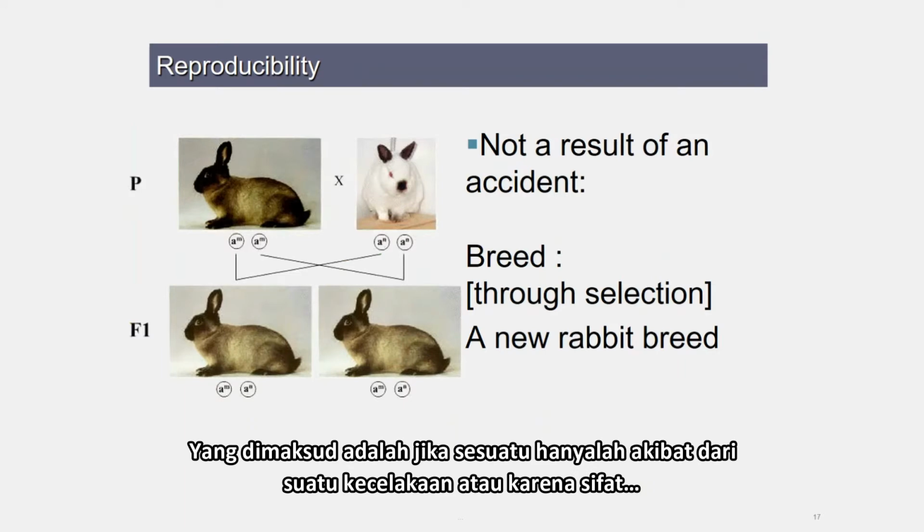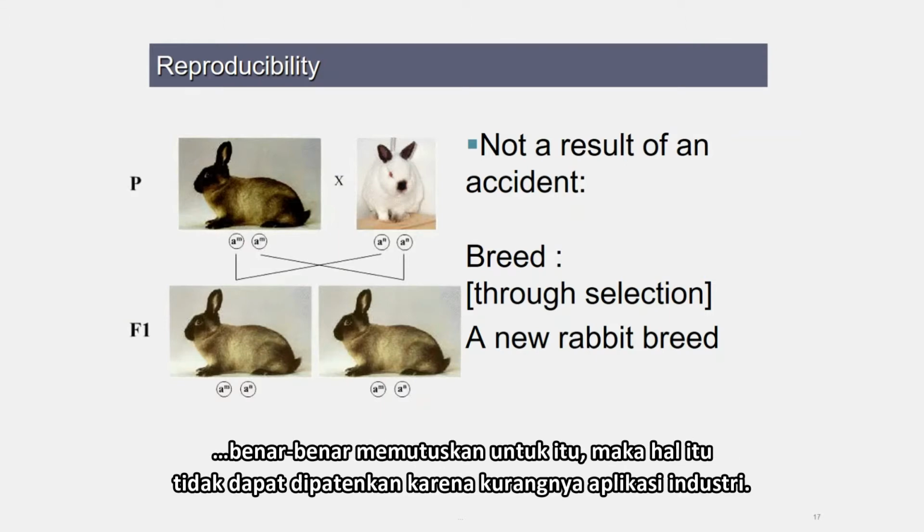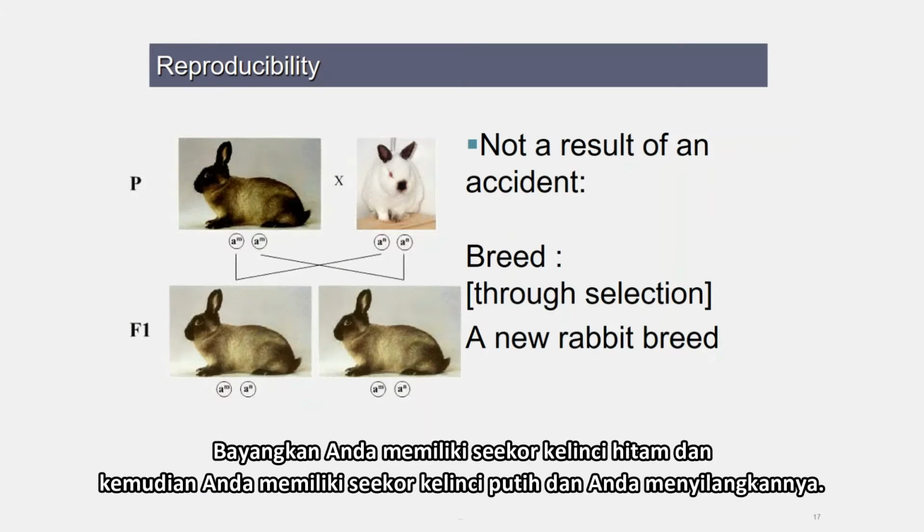What it means is that if something is just the result of an accident, or because nature somehow actually decided for that, then it is not patentable due to the lack of industrial application. Imagine you have a black rabbit and then you have a white rabbit and you cross them.